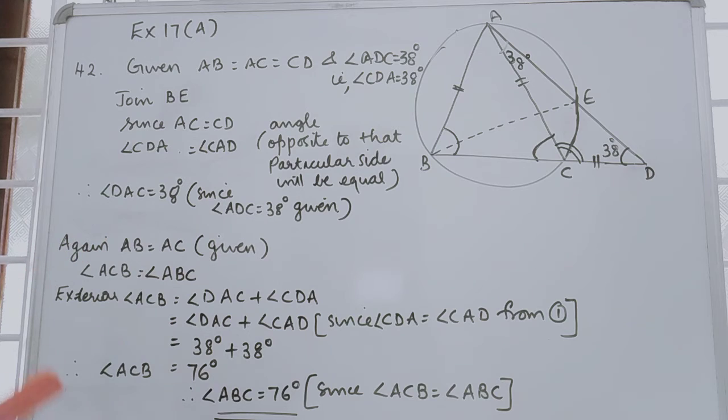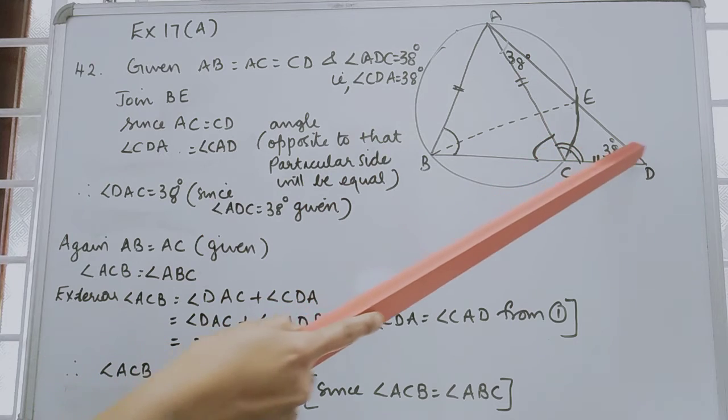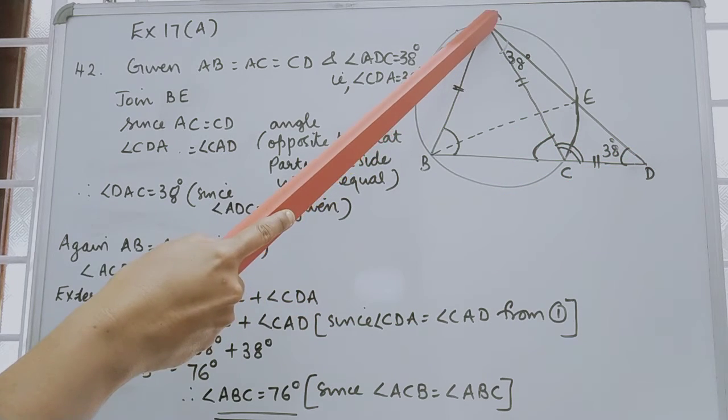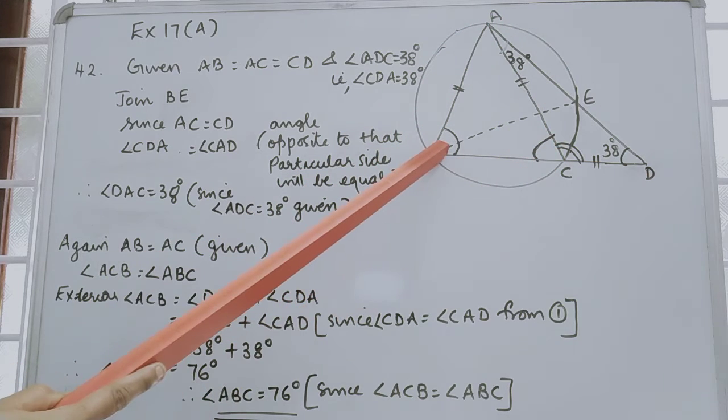Exterior angle ACD will be equal to DAC plus angle CDA. If you are considering triangle ABC, the exterior angle will be ACD. If we are considering triangle ACD, the exterior angle will be ACB.